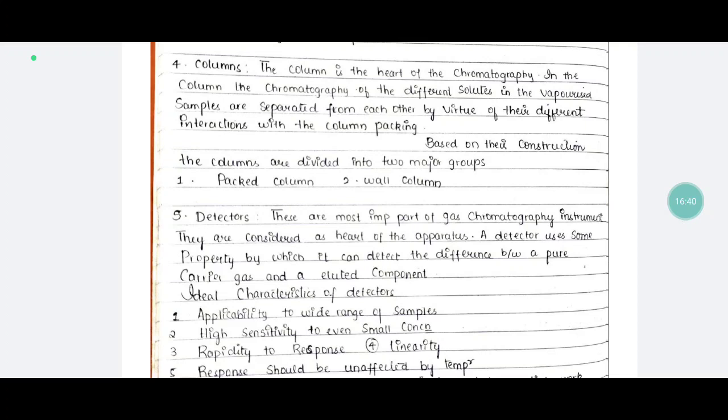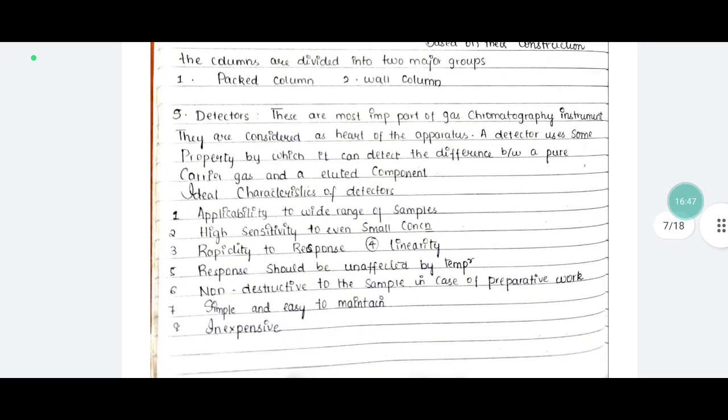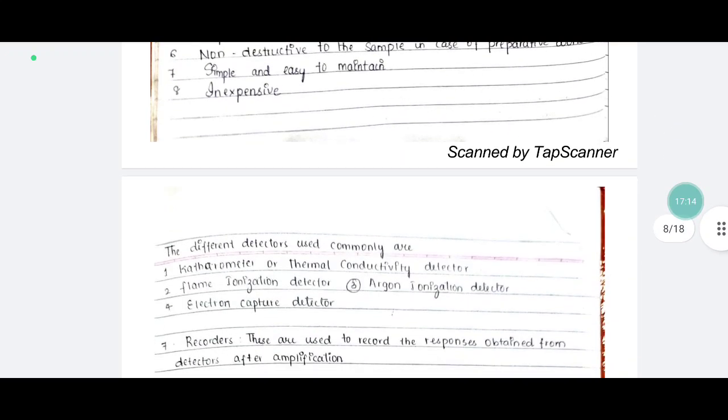ideally by applicability to a wide range of samples, high sensitivity to even small concentrations, rapidity of response, linearity. Response should be unaffected by the temperature, and non-destructive to the sample in the case of preparatory work, and simple, easy to use and maintain, and inexpensive.